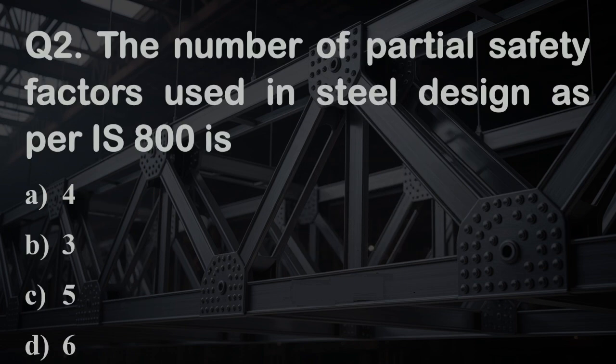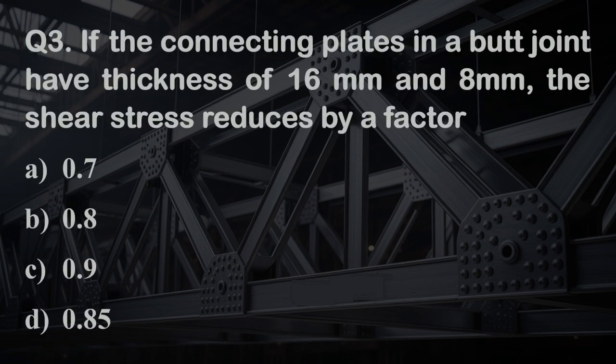Question 2. The number of partial safety factors used in steel design is option A 4, option B 3, option C 5, option D 6. The right answer is option A, 4. Question 3.